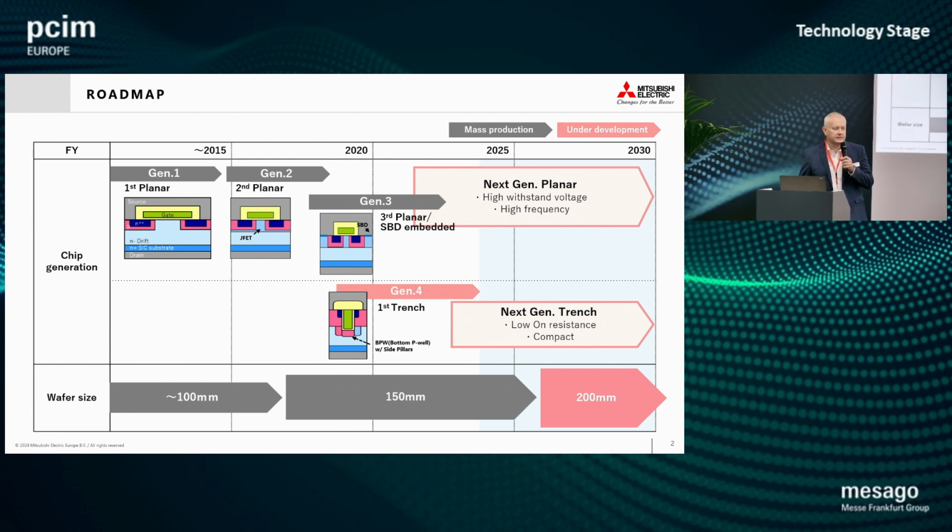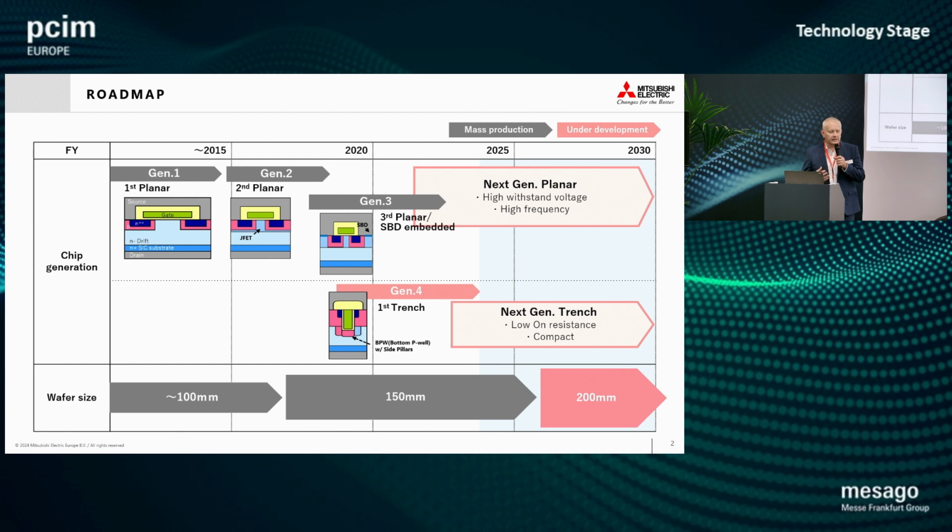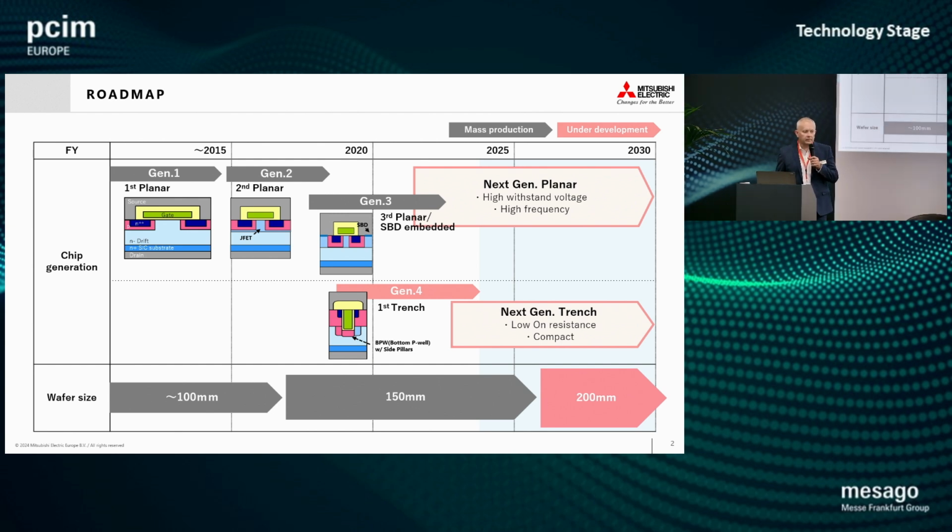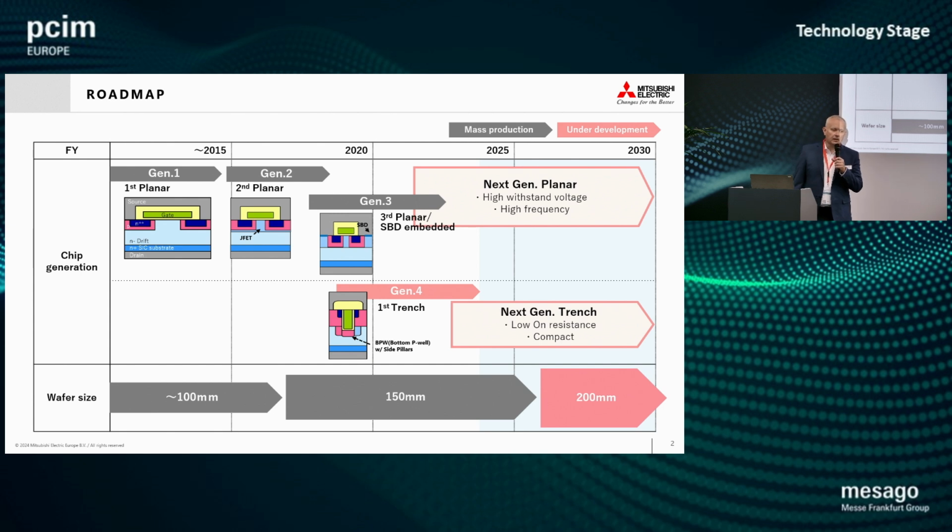High voltage devices for us are 3.3, 4.5, 6.5 kilovolt, but we will probably also go to 10 kilovolt or 13 kilovolt. Here we would like to keep planar technology, but for power devices with lower blocking voltage capability, like 1200 volt and 650 volt, just like automotive applications, we would like to switch to trench structure.